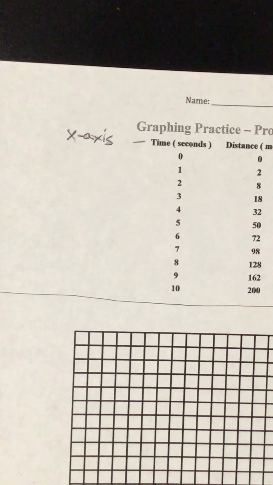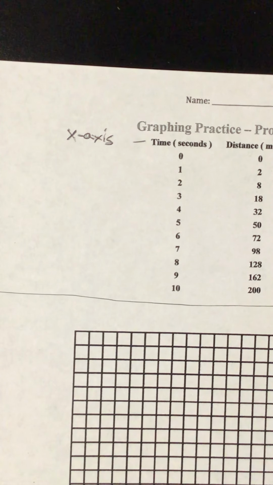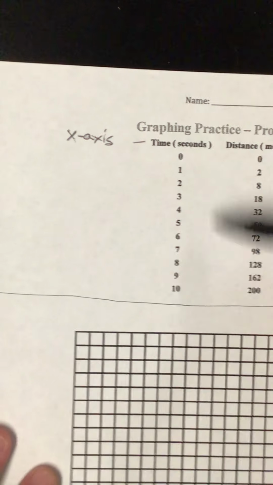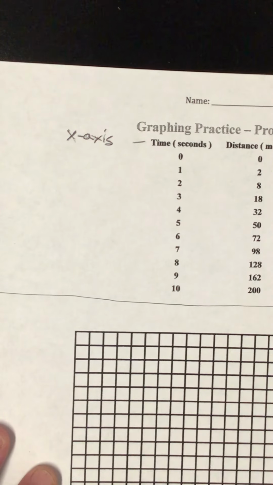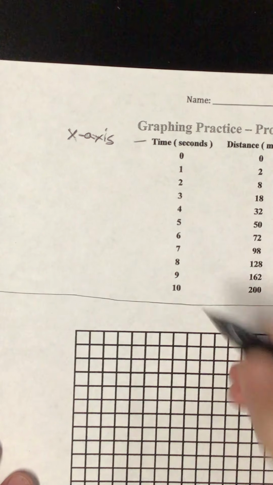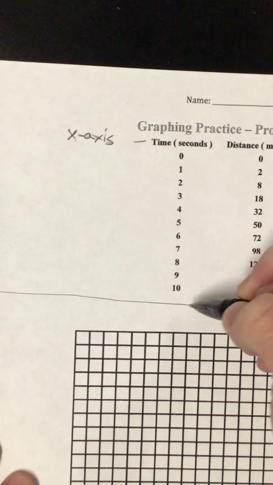So let's try to remember our steps for scale. First thing is we have to figure out the range, the scale range. That's telling us how high and how low does our data go for time. So what's our highest value of time? Oh, 10. Okay, so we have 10.